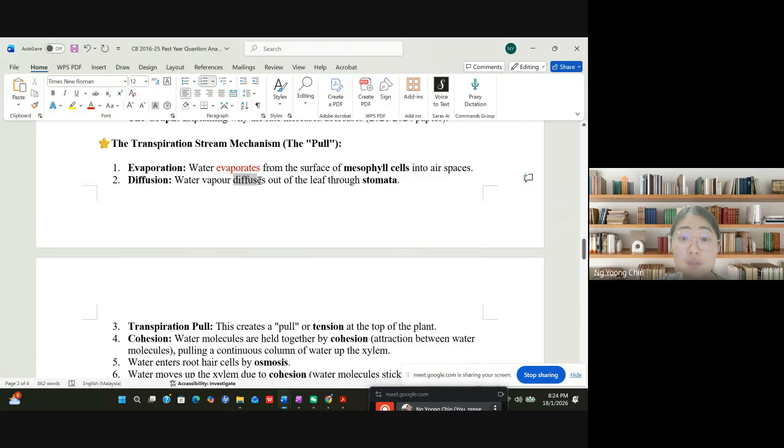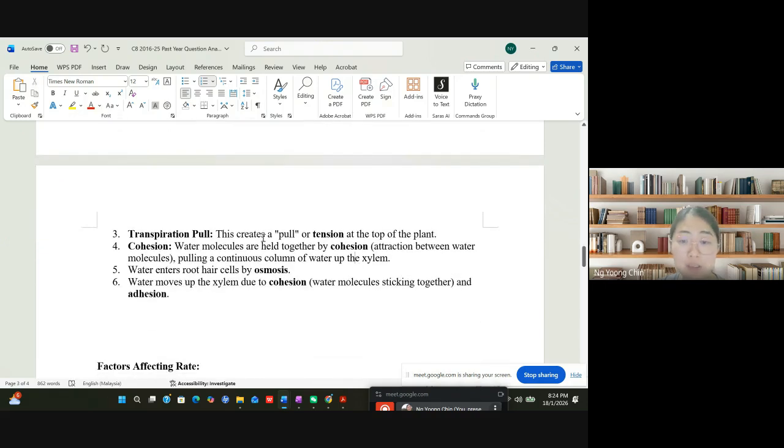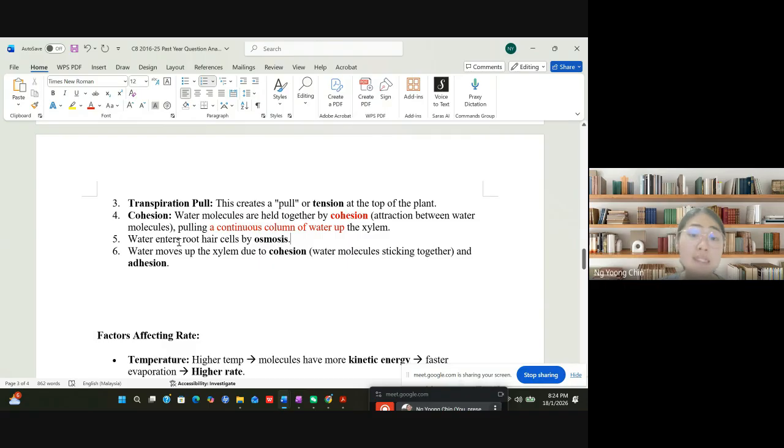The keyword: diffuse out through the stomata. So this will create tension on top of the plant. So later water molecules are held together by cohesion, yeah, cohesion. So they become a continuous column of water up the xylem. So later the water will enter the root hair cell to replace water loss, okay? So by osmosis.